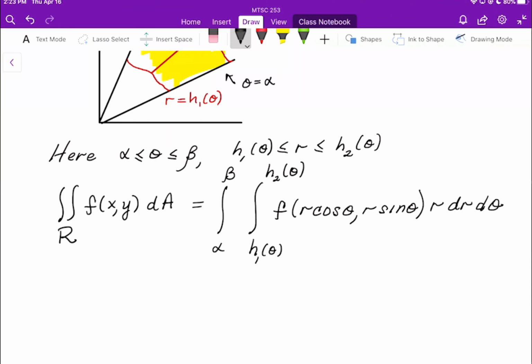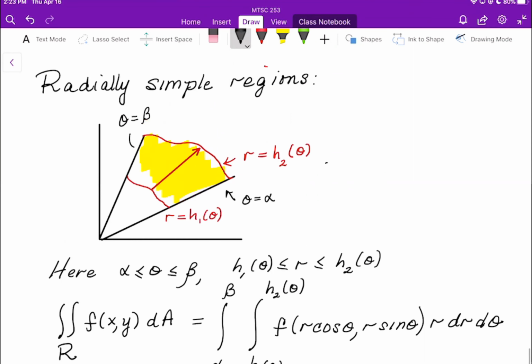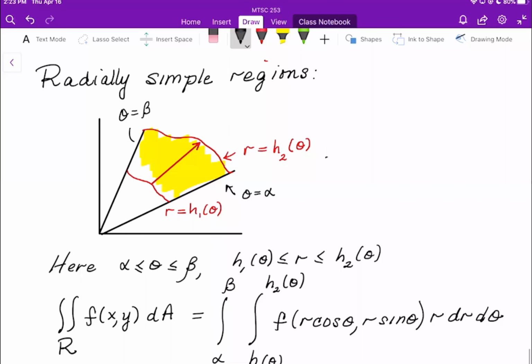And so we must integrate with respect to r first. Okay, so that's what it means to be radially simple.